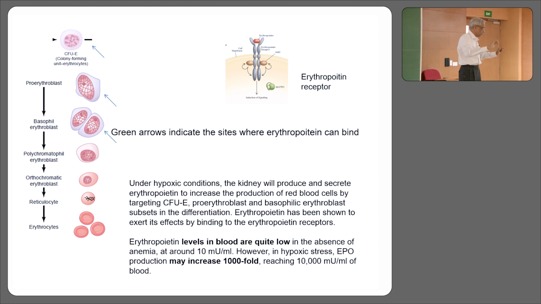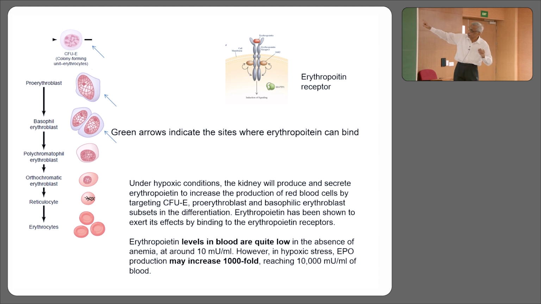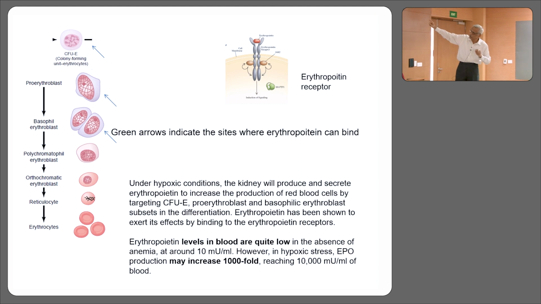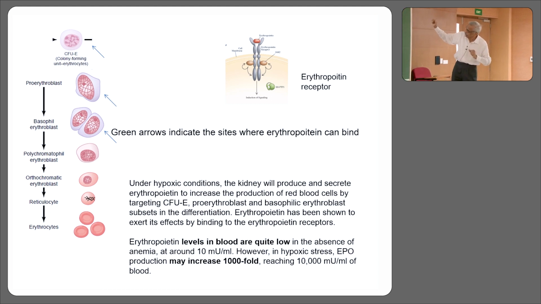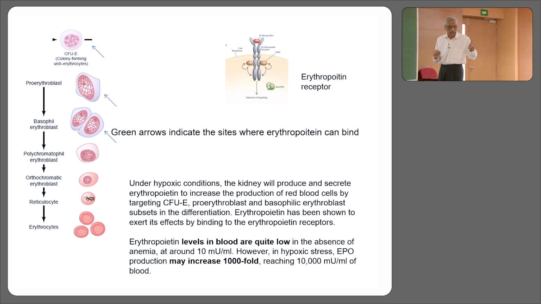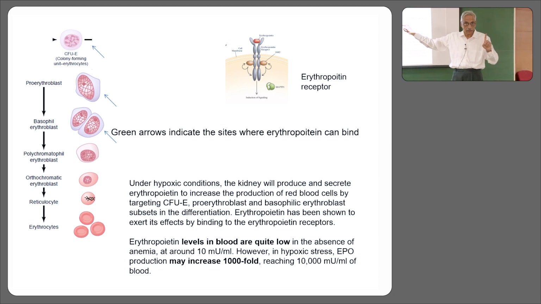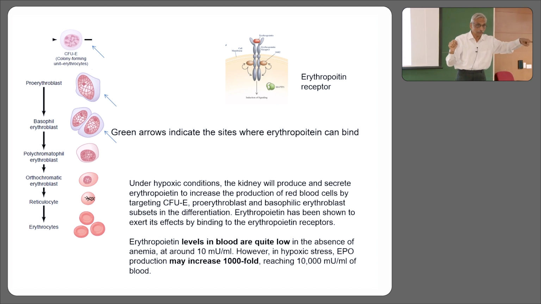Okay. Now, I will draw your attention to this. Can you see the 3 arrows there? Hello? Can you see the 3 arrows there? The 3 arrows are pointing at what kind of cell? The stem cell, and the second one was the proerythroblast, and the third was what? Basophil erythroblast. At this stage, the plasma membrane of those cells will have the receptor for erythropoietin. Are you getting my language?